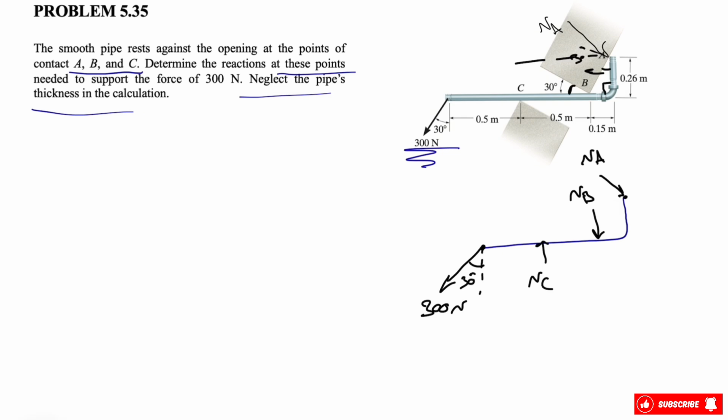We know that this normal force is perpendicular to this line, which is the line of the block. And this angle is 30 degrees, and if that angle is 30 degrees, this angle is also 30 degrees.